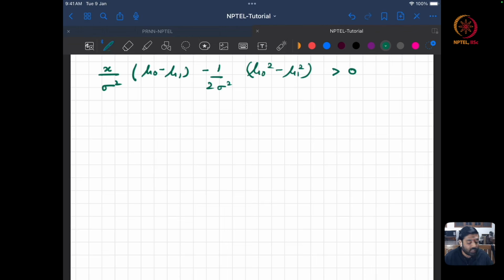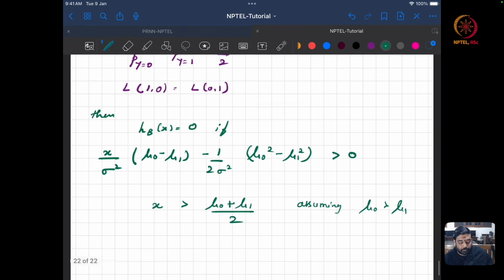Without loss of generality, I'm assuming that mu 0 is greater than mu 1. In that case, this will be your condition. This is a linear case.